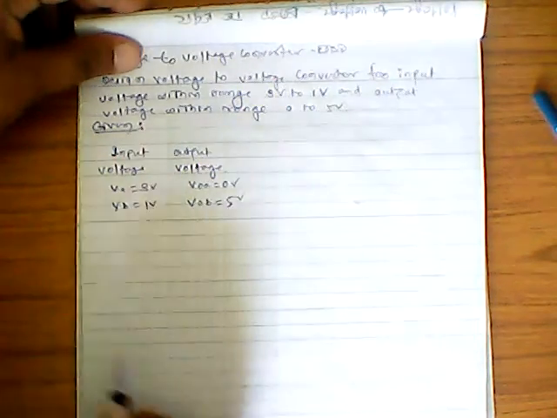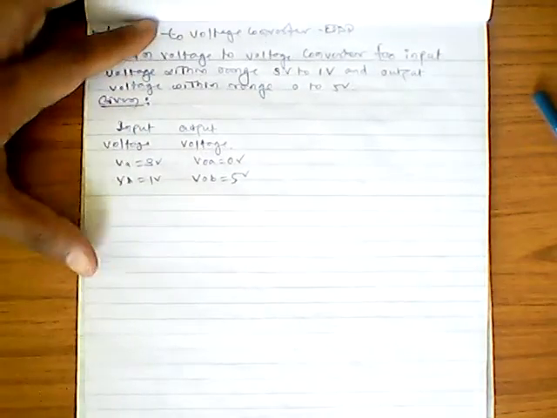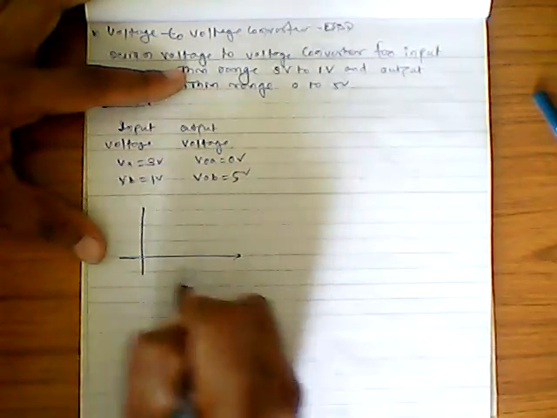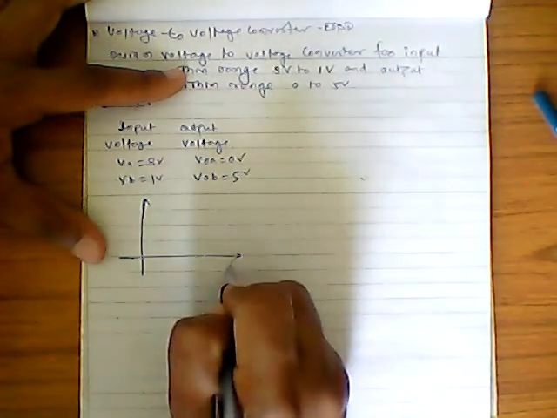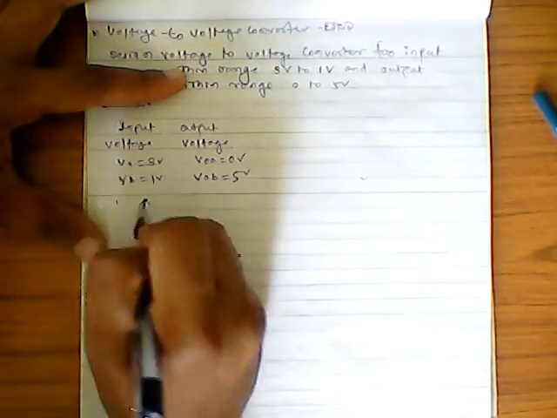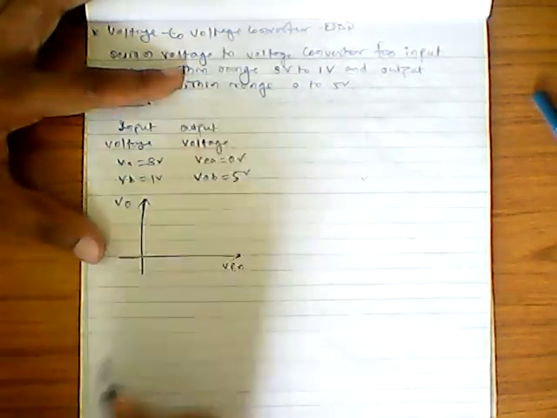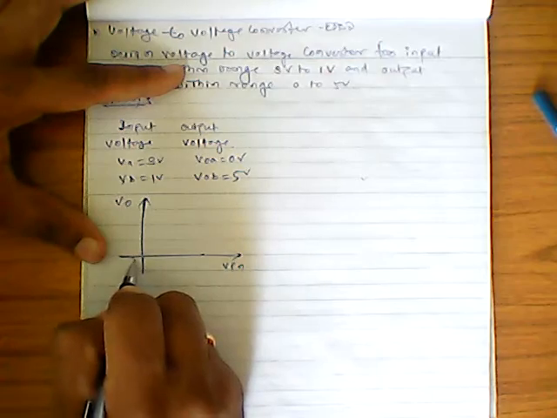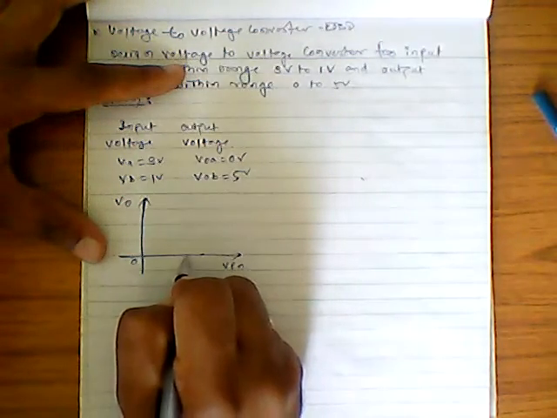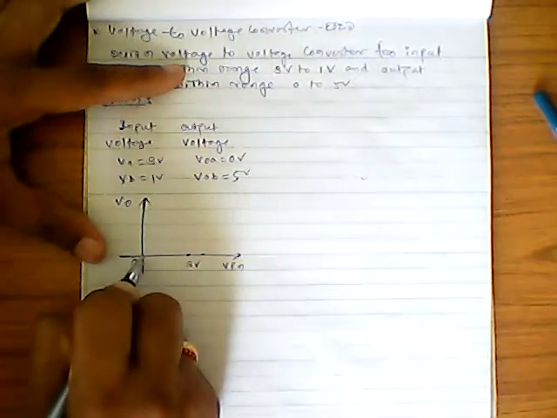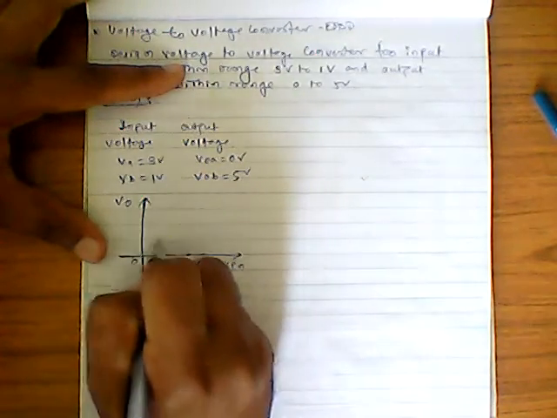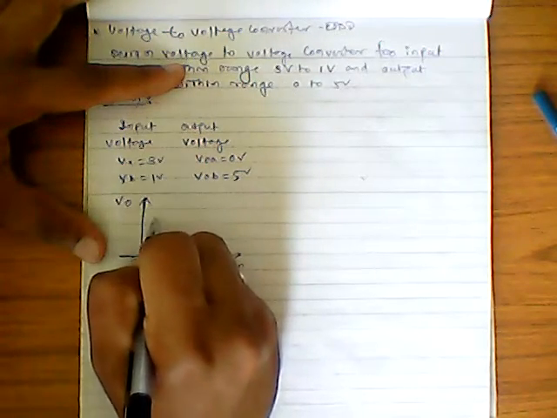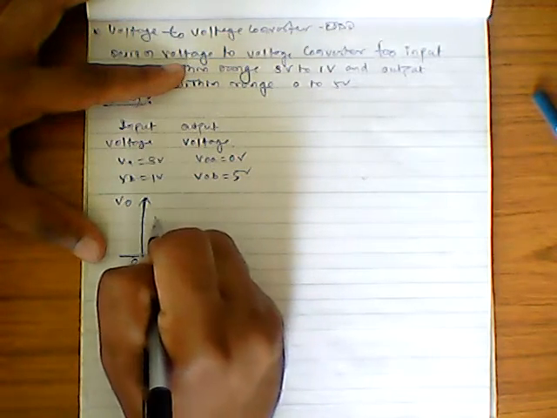So try to understand this problem. How the characteristic curve for this particular type of problem will be, let us say this side we have V in, this side we have V out. If input voltage is 3 volt, corresponding output voltage is 0 volt. If input voltage is 1 volt, corresponding output voltage is 5 volt.